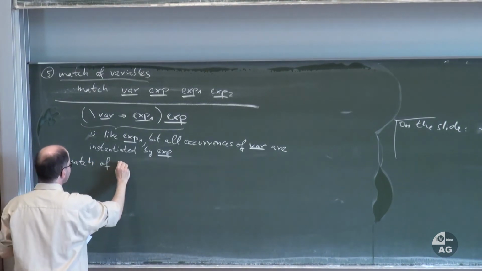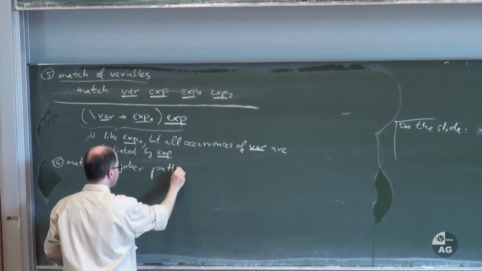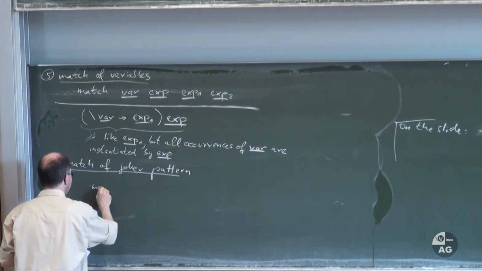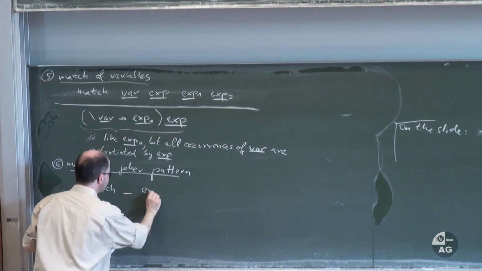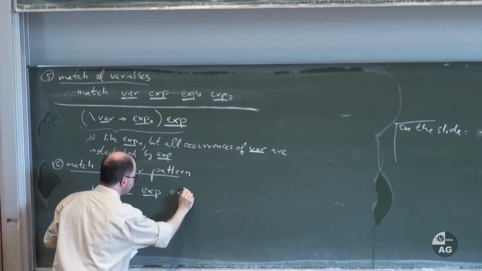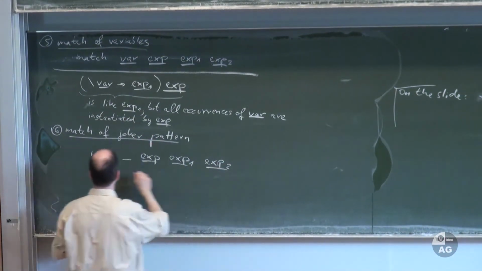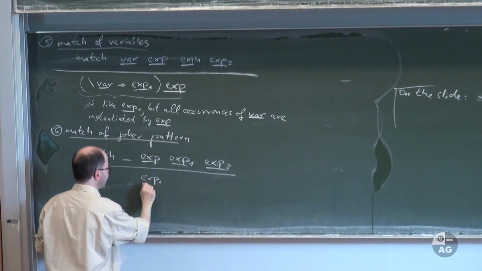So if I match the joker pattern against some expression, and then the result is x1, and if it doesn't work, the result is x2, then I know this always works, so the result of this will always be x1.